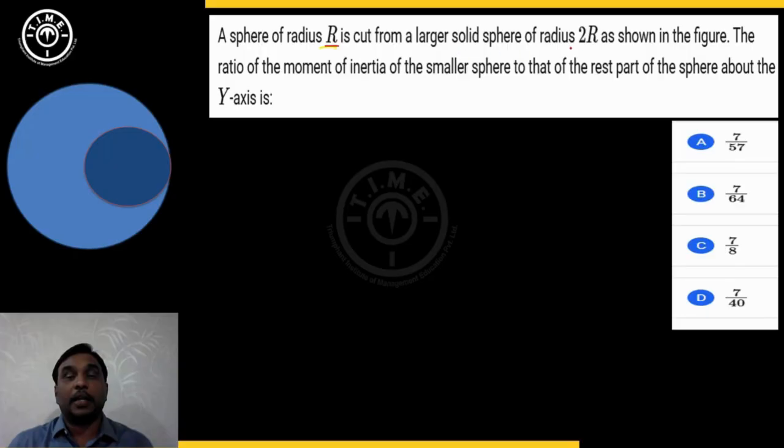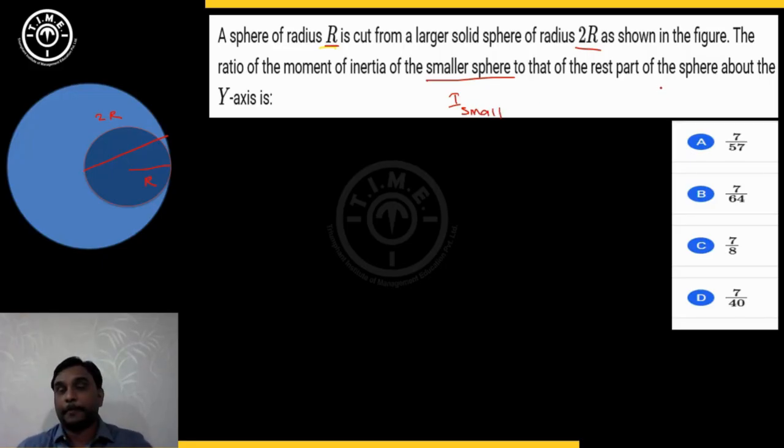You can see the light blue one whose radius is 2r, and this smaller sphere has radius r. Then find the ratio of the moment of inertia of the smaller sphere to that of the rest of the sphere.